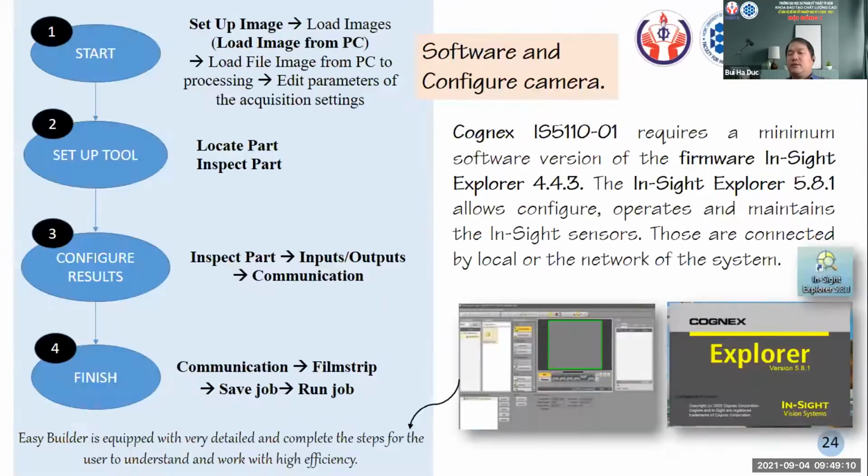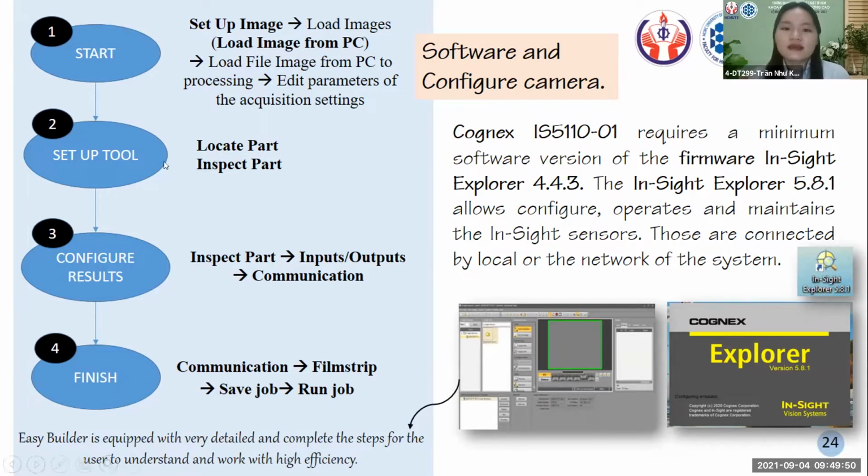My project uses the Cognex In-Sight 5110 series, a model for ID applications, with a thorough and easy-to-build interface. Moreover, a suitable software is necessary to configure the cameras for the machine system, specifically the In-Sight 5.8.1 firmware, which I installed and have used until now.